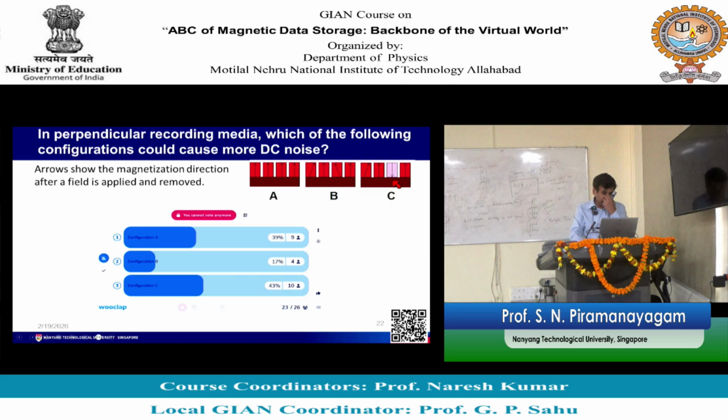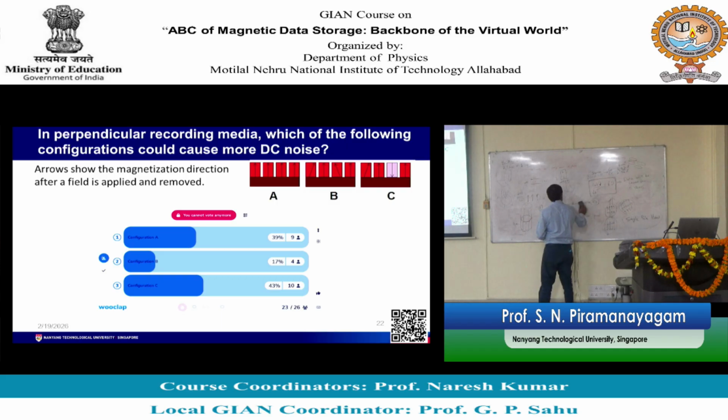See what happens, one grain has flipped, one magnetization has flipped. Okay, so let me draw. If you have all magnetization pointing like this, right, and if you fly the head over this disk media, you will have some constant voltage.